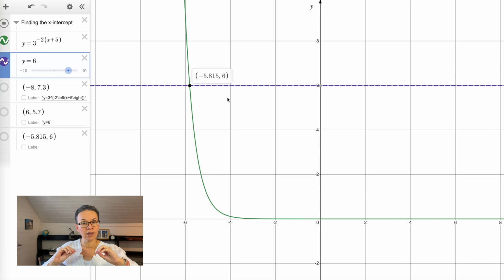But because all the steps are equivalent, this x value becomes the x value of the x-intercept of the function. So in this way, I can approximate the x-intercept as being the point -5.815, 0 for the original function.